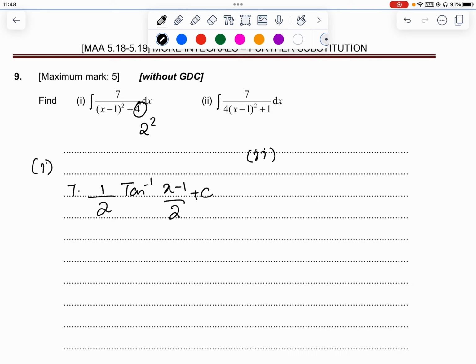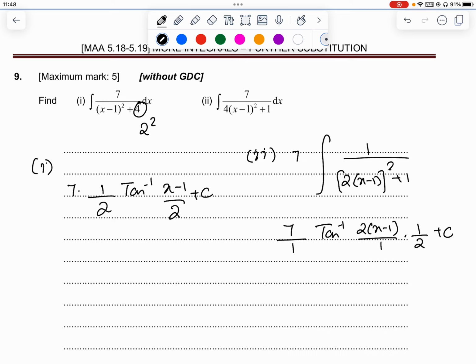Coming to the second part, 7 outside, integral of 1 upon, it can be written as (2(x minus 1)) whole square plus 1. So 7 times 1 upon a tan inverse of 2(x minus 1) divided by a, times 1 upon 2, plus c. So my final answer is going to be 7 upon 2 tan inverse of (2x minus 2) plus c.